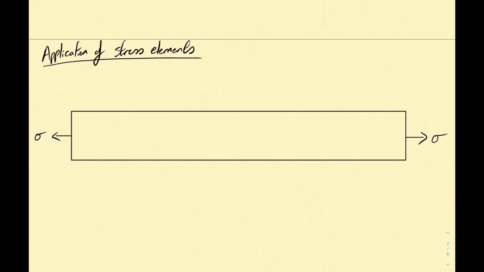So let's move on to the application of stress elements. Here I've just drawn a simple beam with an axial stress applied on it. And if you have this beam, it's very easy to imagine a stress element somewhere in the center, depicting the stresses acting at that point.